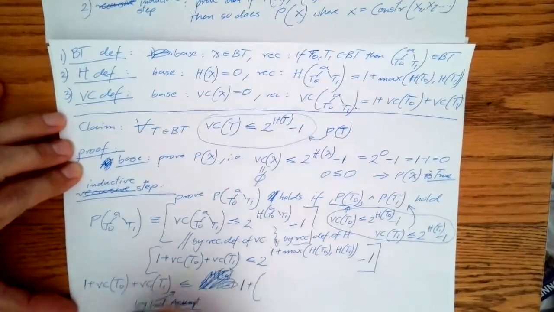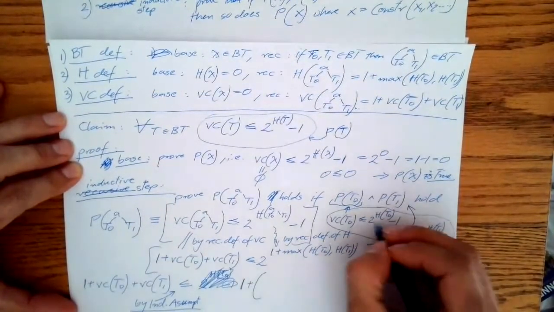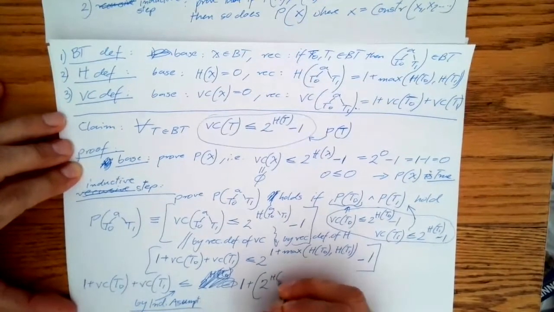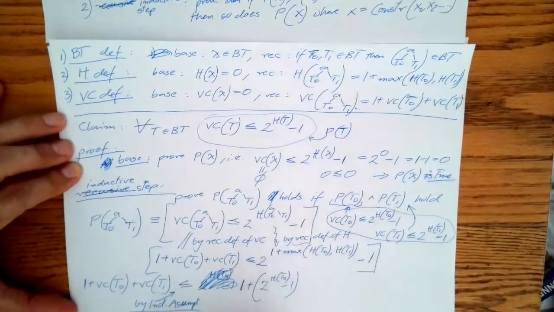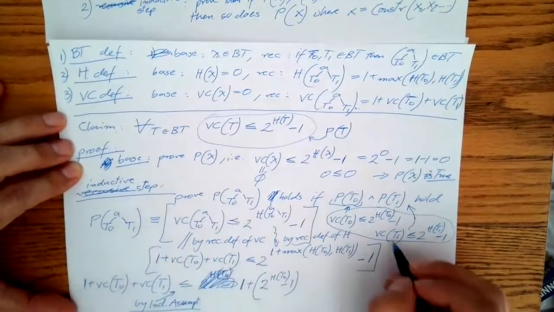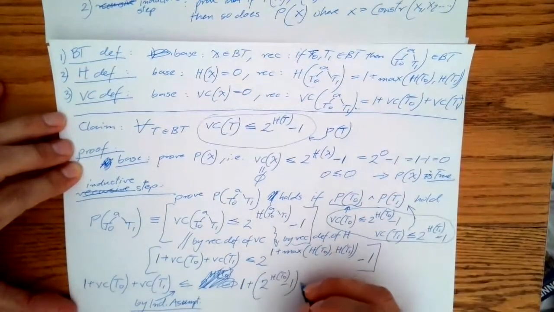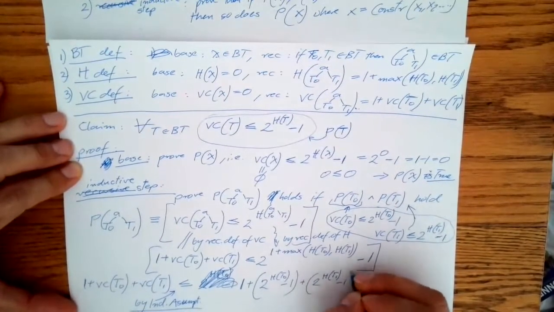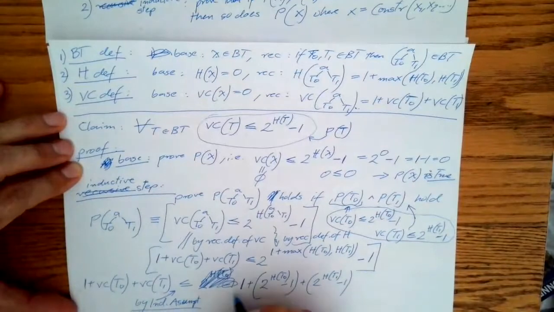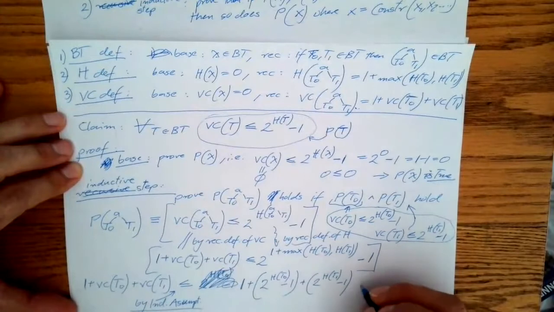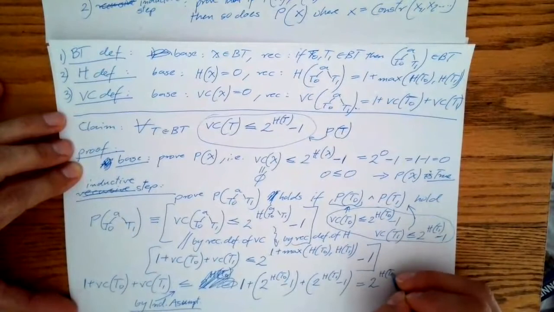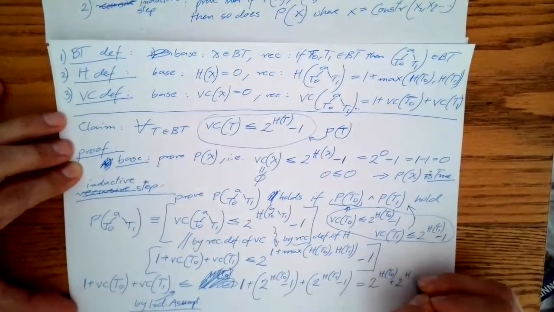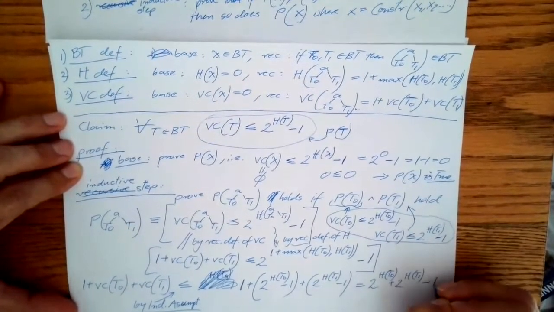And VC of T1 is upper bounded by 2 to the H of T1 minus 1. Okay, this is great, because now the constants start working correctly. 1 minus 1 minus 1 is minus 1. So this is 2 to the H of T0 plus 2 to the H of T1 minus 1.